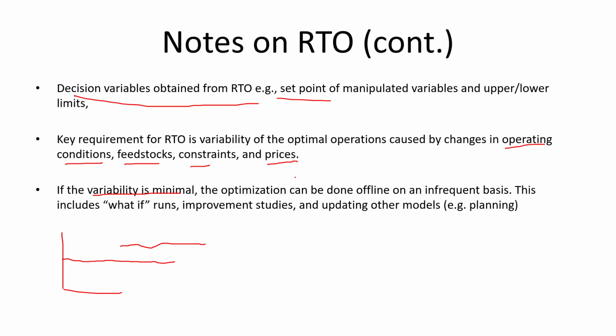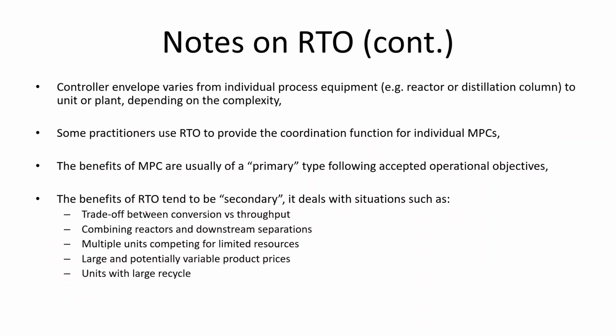So we could run this like an offline optimization. We can just take a model and use that model to do some sensitivity analysis or case studies, and then see which directions we have to take. So it's more like a what-if sensitivity analysis or case studies kind of work.